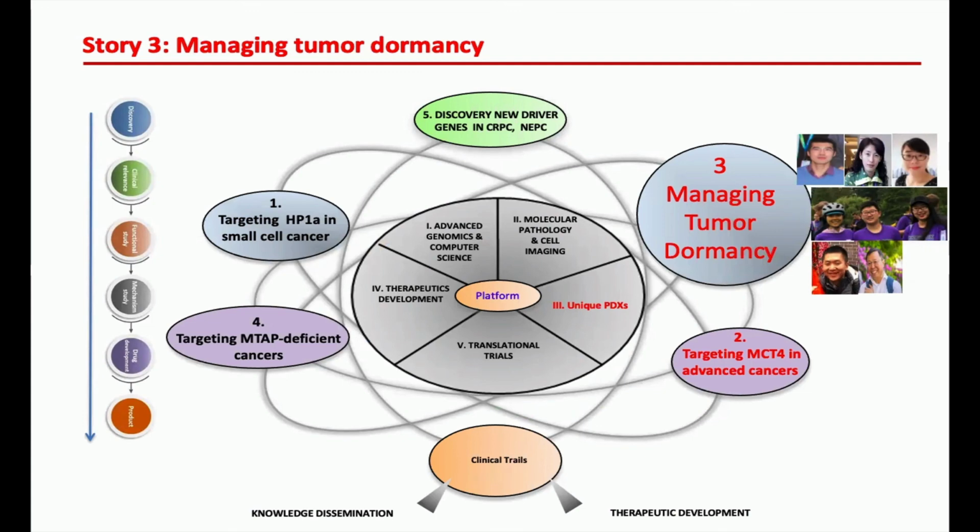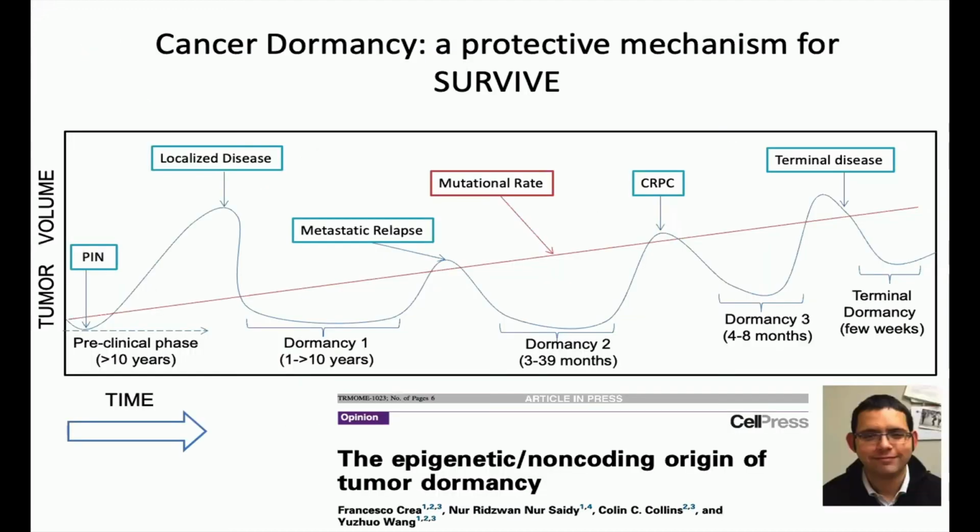Nowadays we focus on tumor dormancy quite heavily, actually for at least 7 years, but we haven't really published too much. Tumor dormancy is a very interesting thing because 5-6 years ago, when Francisco was here, he came out with a hypothesis.